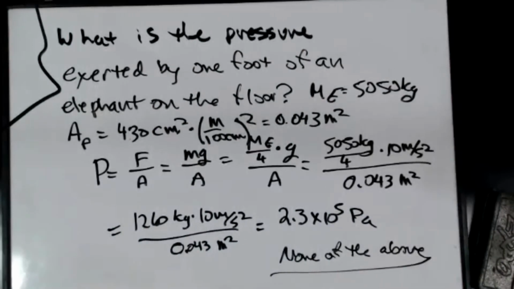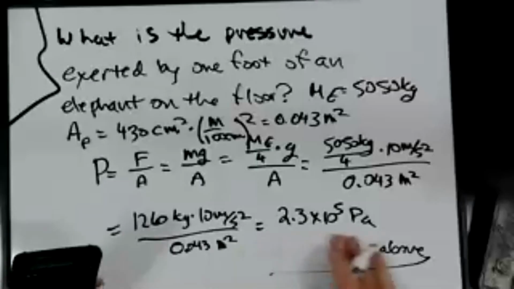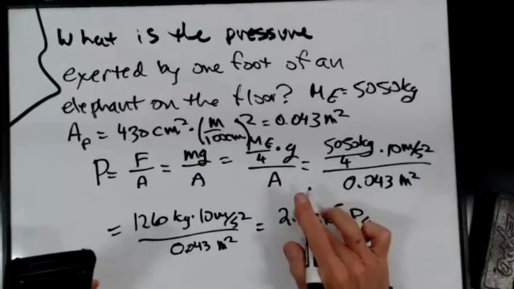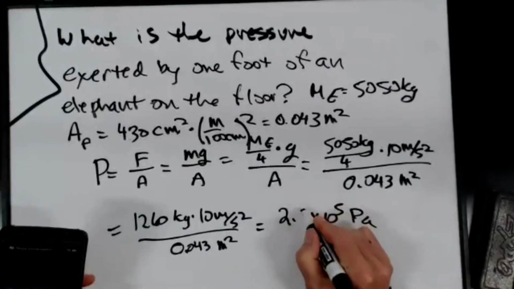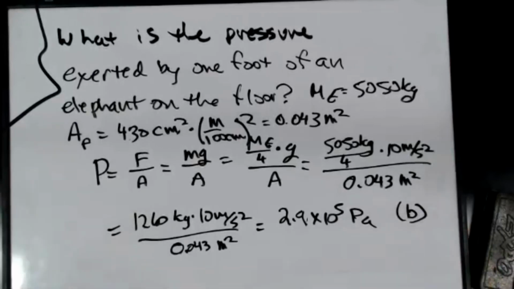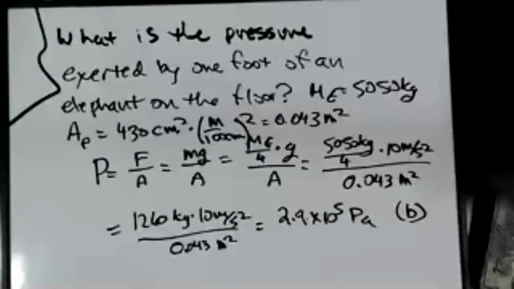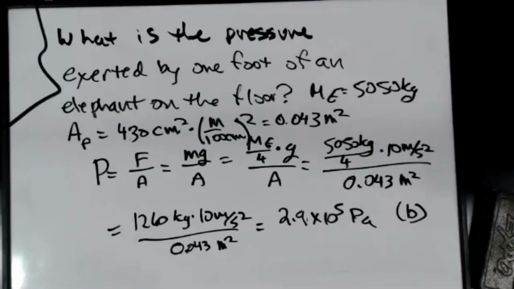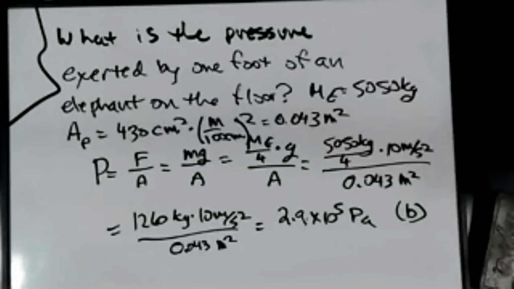All right. Oh, no, wait a minute. I was reading the wrong solutions. It's choice B, right? 2.9 is choice B. It has it right on there. 2.9 times 10 to the 5th pascals. All right.